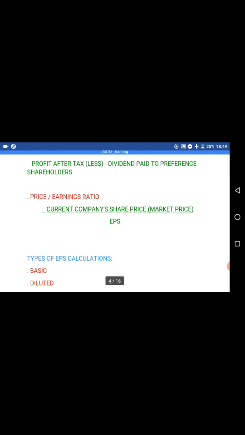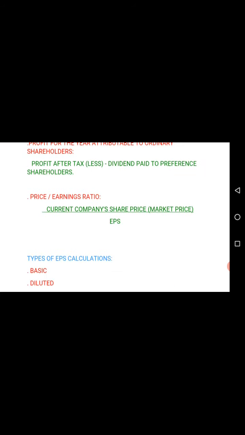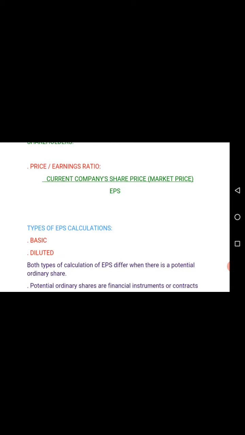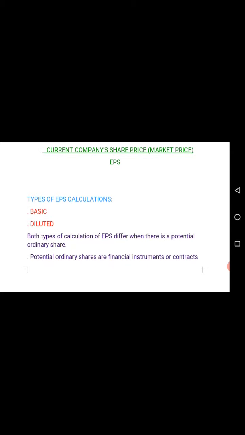So it is the current share price of the company divided by the EPS calculated, and the EPS formula is above. Now we go to the types of EPS calculations. As stated before, the first is the basic EPS, the second is the diluted EPS. It says both types of calculation of EPS differ when there is a potential ordinary share.